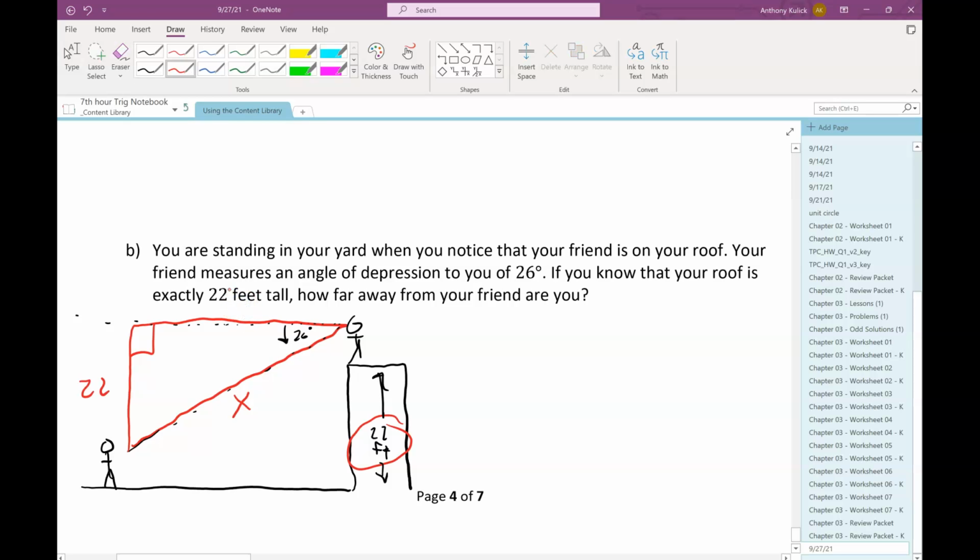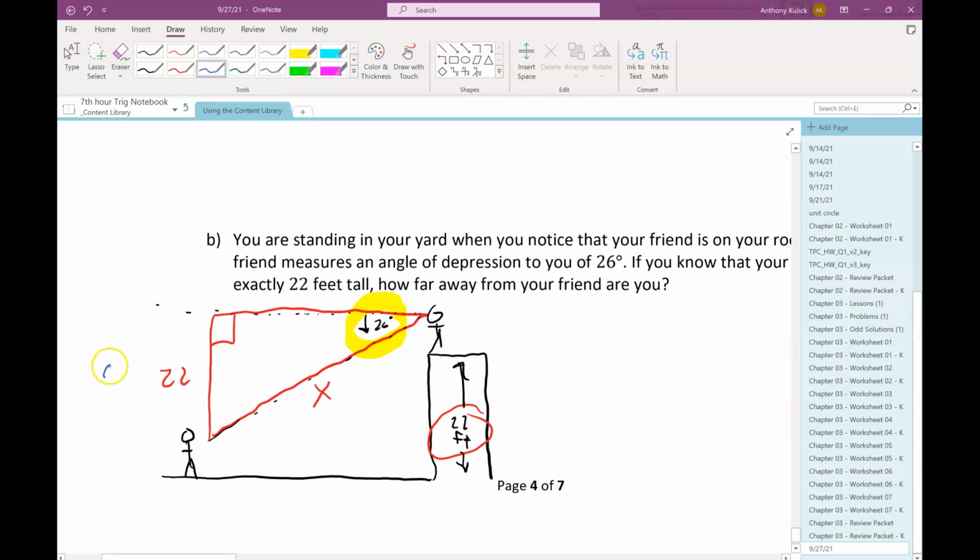That would be how far you are from the house. Anyways, now I'm just going to use SOH CAH TOA. This is the angle I have relative to this angle. This side is the opposite, and this side is the hypotenuse. So I'm going to use sine. Cool with that?